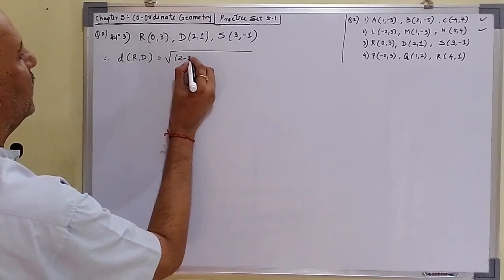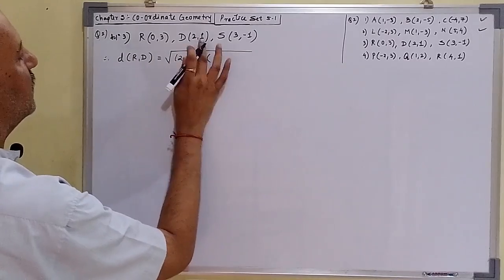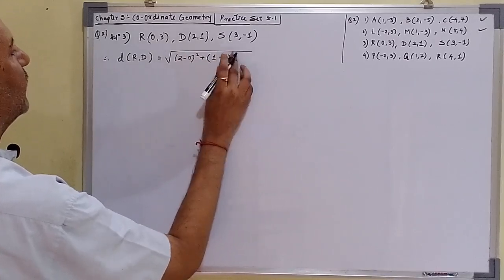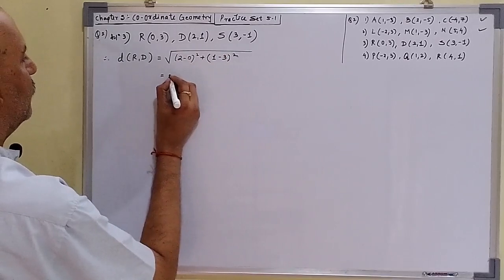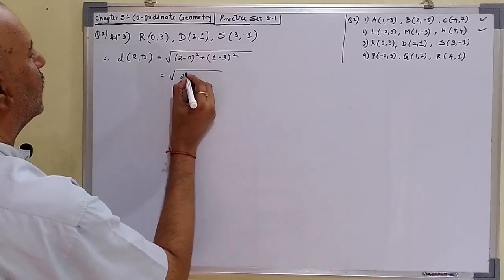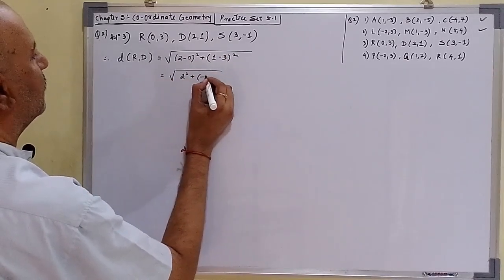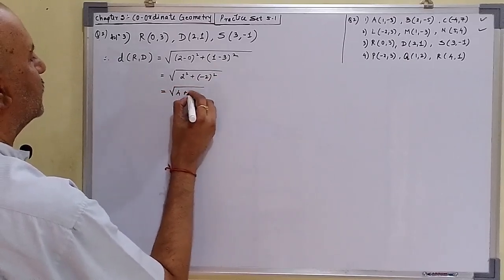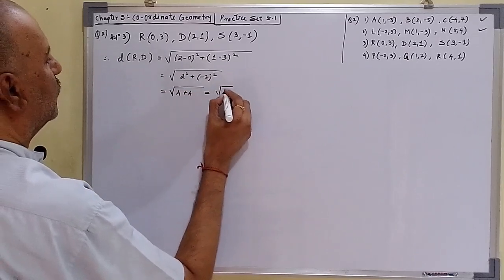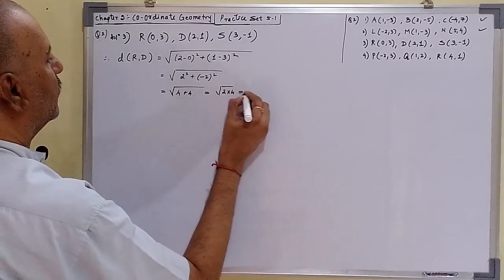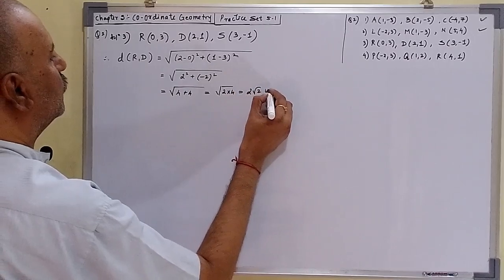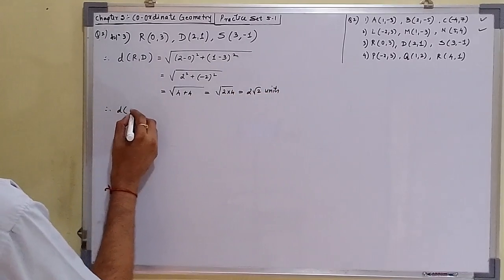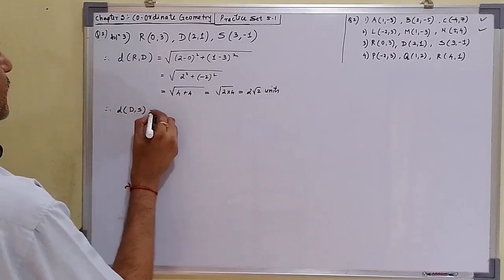So it will be (2 minus 0) squared plus (y2 minus y1), (1 minus 3) squared. So this will be 2 squared plus (-2) squared. So you will get 4 plus 4, that is 2 into 4, that is 2 root 2 units.